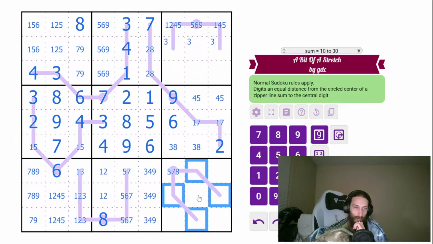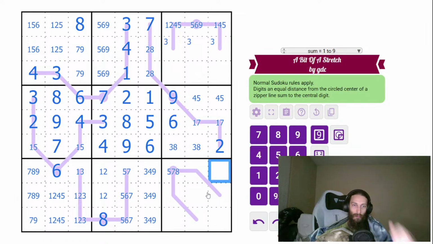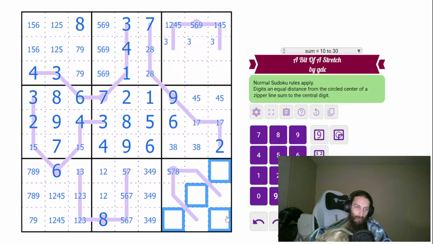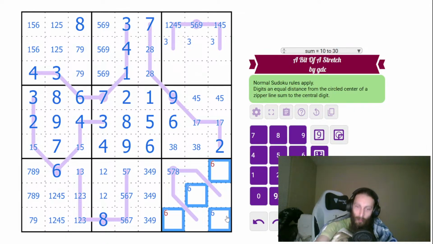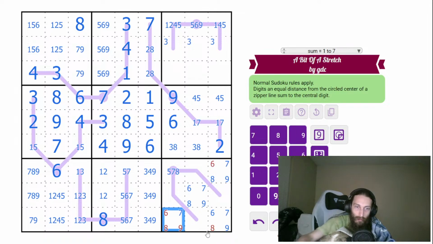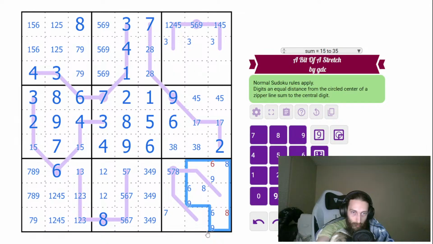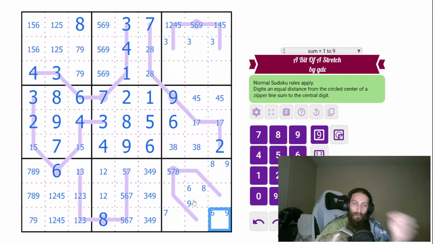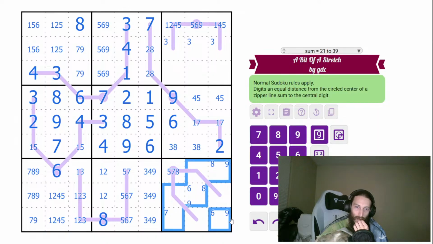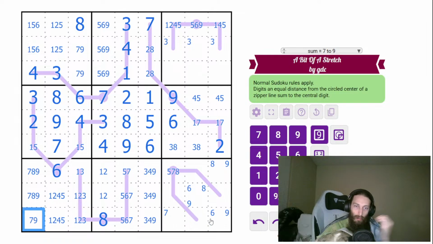All right, if box 9, if the bulb is a 5, that means 6, 7, 8, 9 have to go outside. Yeah. And apparently that one's a 7. Okay, so it can work. This 7 would make that 9.